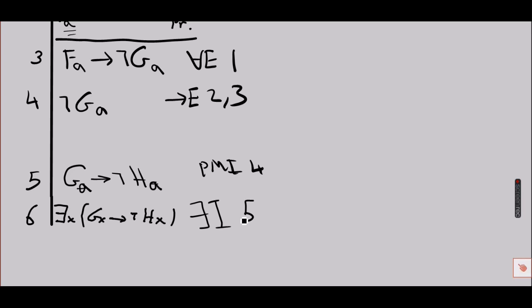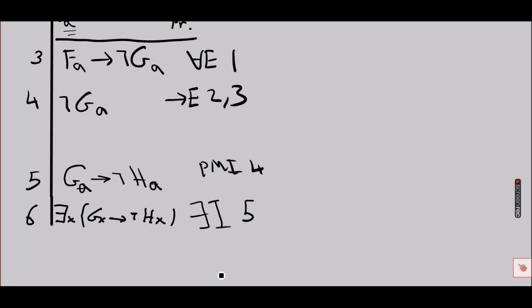Okay, that's the idea. So alternatively, you can think of the rule in this way. You replace A with X and put an existential up front. So that gives you line 6.